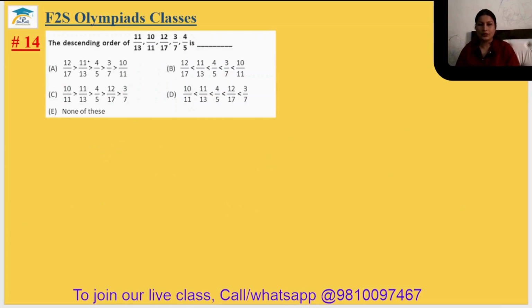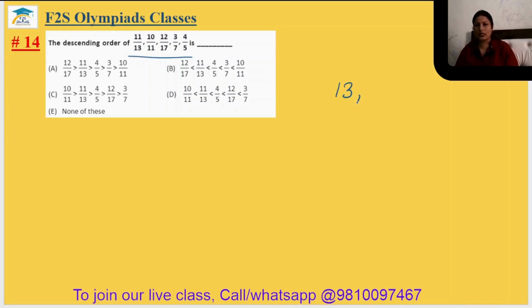The descending order of these fractions: we can compare, add, or subtract fractions only when they are like fractions. But these fractions are not like. The first step is to make the fractions like, with the denominator as the LCM of these numbers.